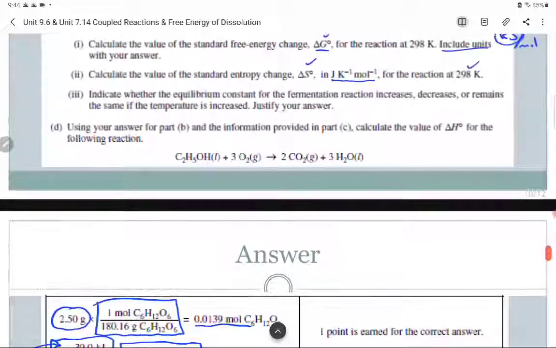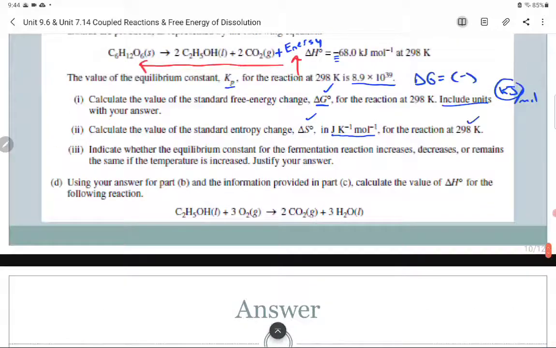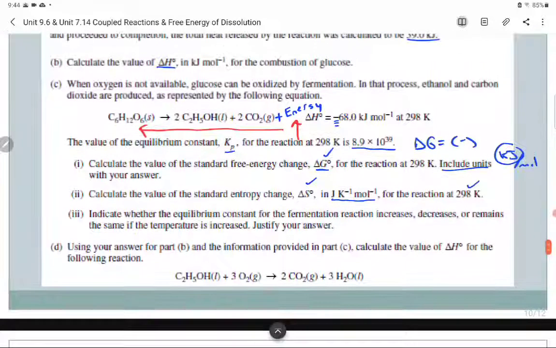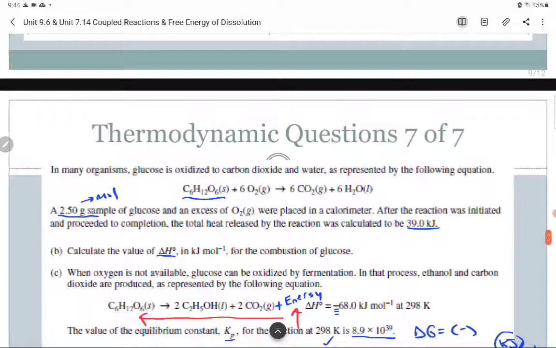And our last part, part D. Using the answer from part B and the information provided in part C, calculate delta H for this reaction. This reaction that's here is not the same as the reaction of part C. It's not the same reaction at the top of the question.